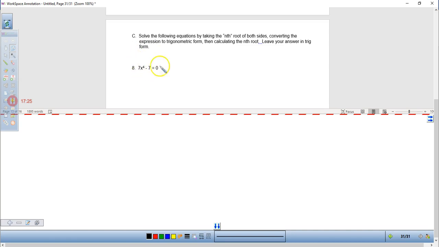We're going to set this up and get it into x to the 4th by itself. So I'm going to add 7. 7x to the 4th equals 7. Divide by 7. So x to the 4th is equal to 1.